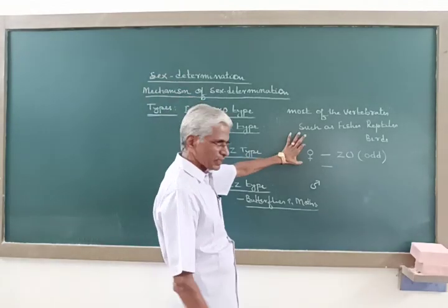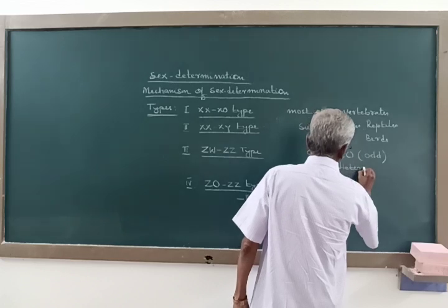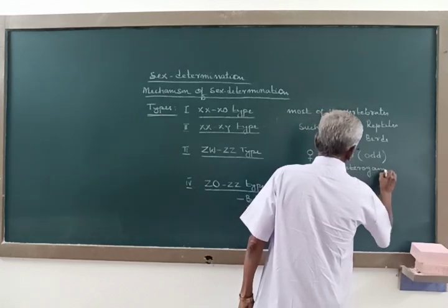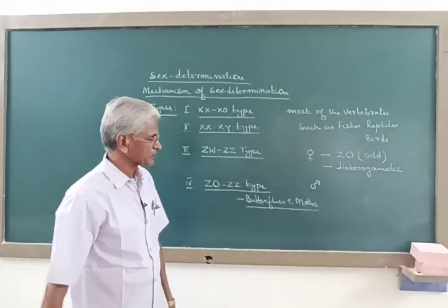Hence, female here is again heterogametic. So female produces two different types of gametes.